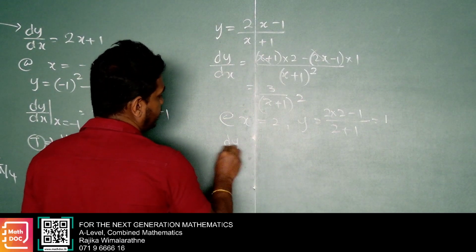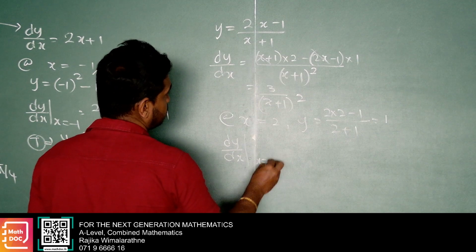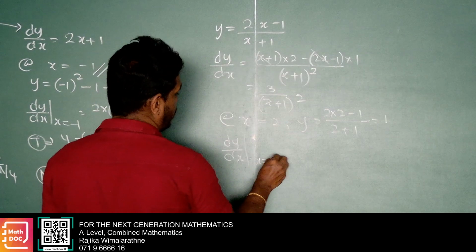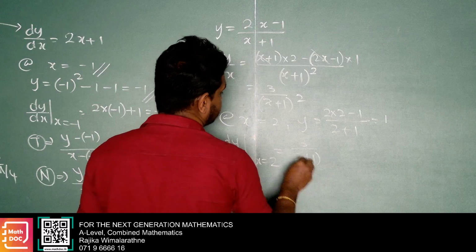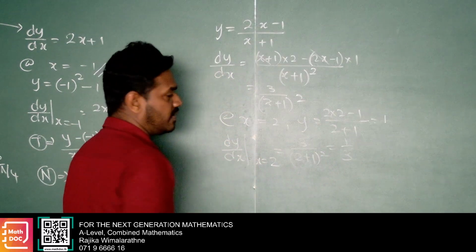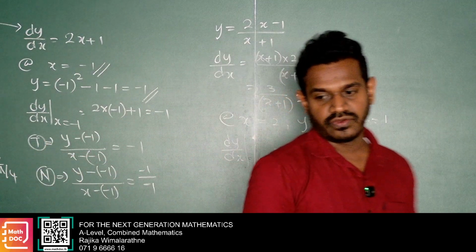Then dy by dx at x equals 2 is 3 over (2 plus 1) squared, which is 3 over 9, that is 1/3. Then you can find tangent and normal. Find tangent and normal now.